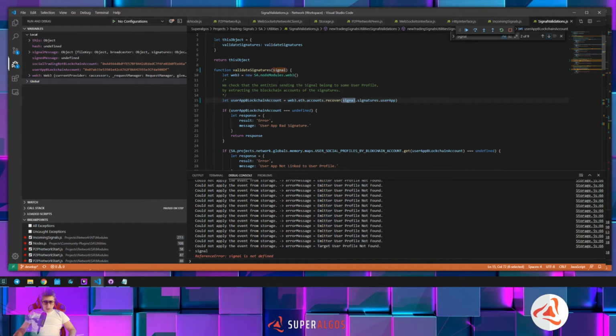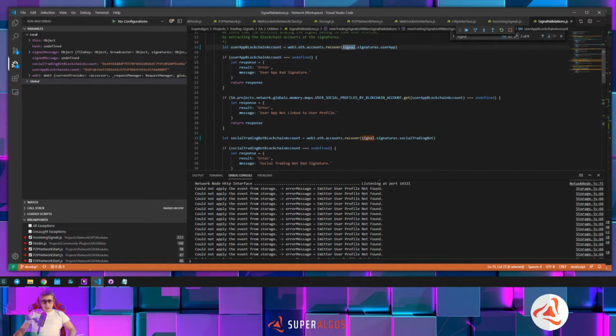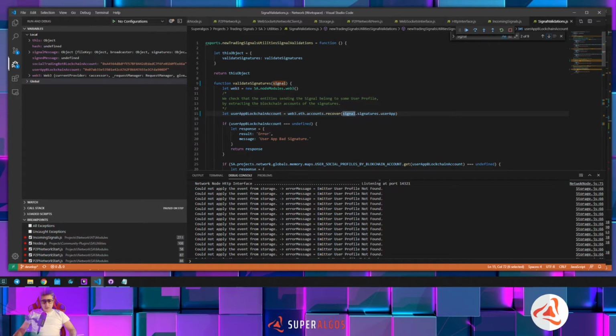Okay, so what is the value of this? Signal cannot be undefined, otherwise nothing would have worked here.